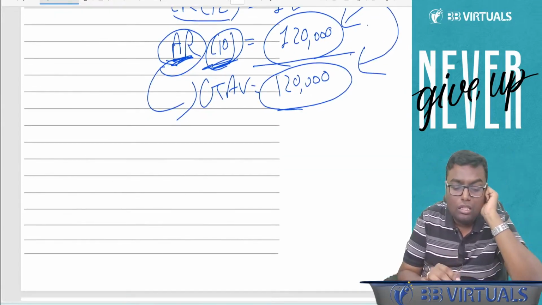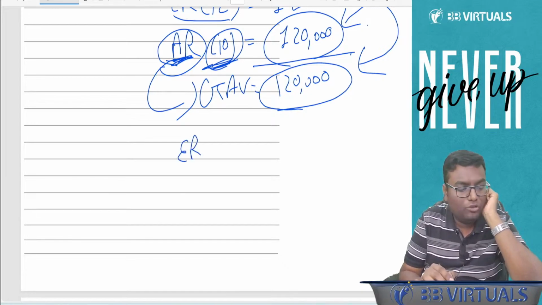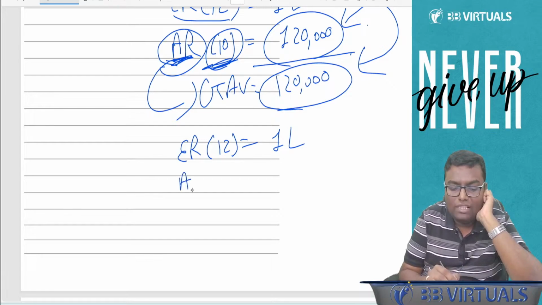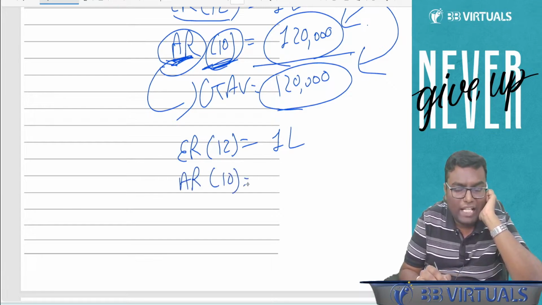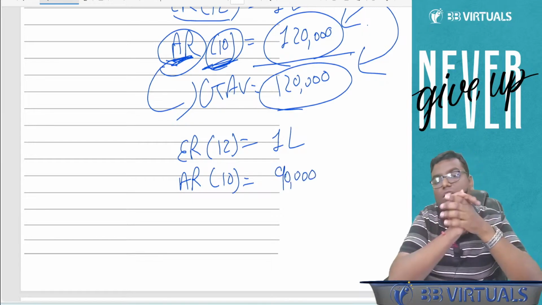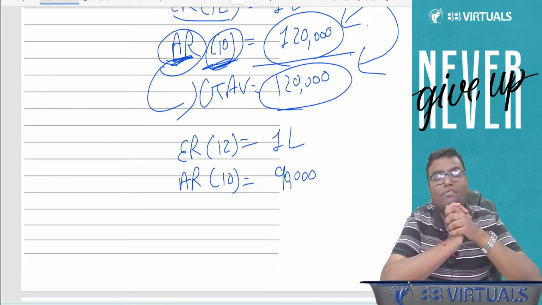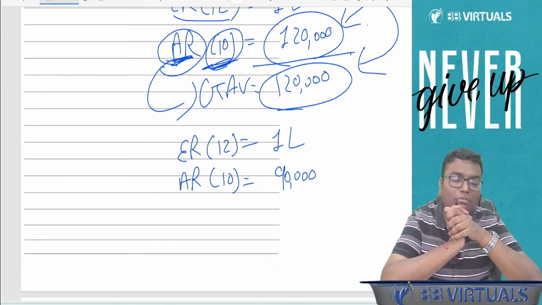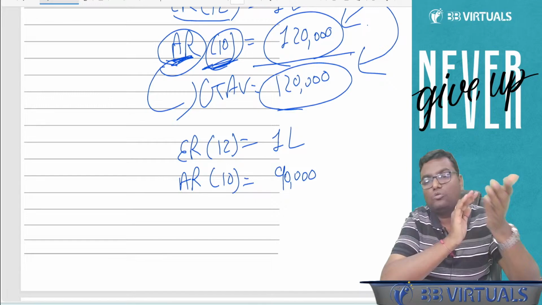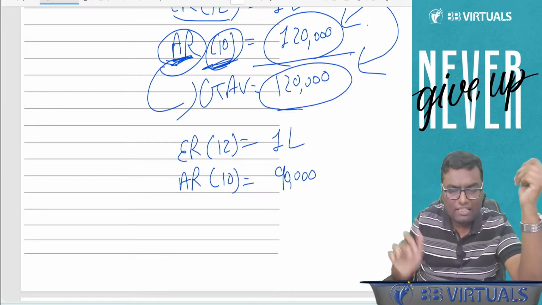Fine. Now, what is the problem? Expected rent is of 12 months, let's say 1 lakh. However, actual rent is only of 10 months and that comes to 90,000. Now, what will the government say? My expectation will always be of 12 months. So ER will always be of 12 months. Your actual rent is of 10 months. You do whichever is higher.